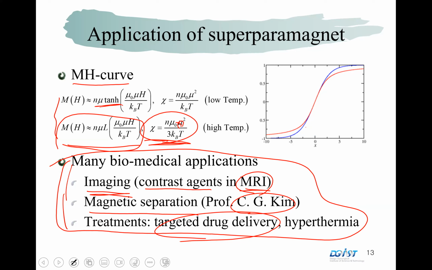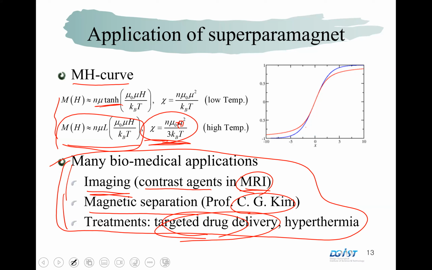So if you take it, other parts of your body will be damaged. Targeted drug delivery delivers the drug to the target point only, so the other parts of your body are not affected by the toxic medicine, and only the cancer cells are damaged. So it's a very important approach to the treatment of cancer.